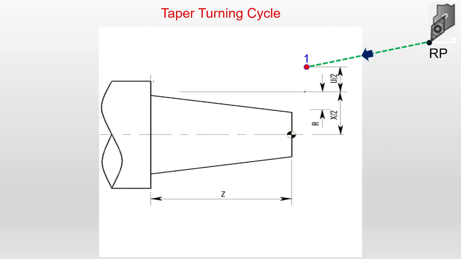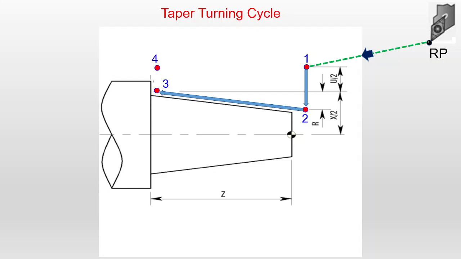Now the cutting takes place, and how the tool is moving will be explained here. Now define the second point, point 2. The tool is moving from point 1 to 2 in the downward direction. Then from 2 to 3, according to the taper defined, point 3 is assigned. Again point 4 is above.